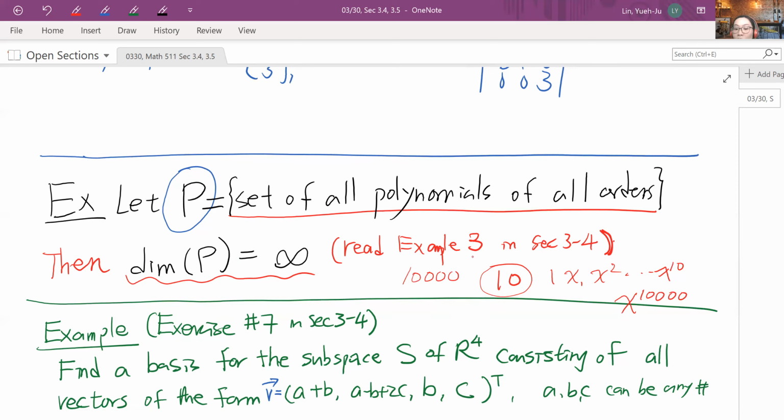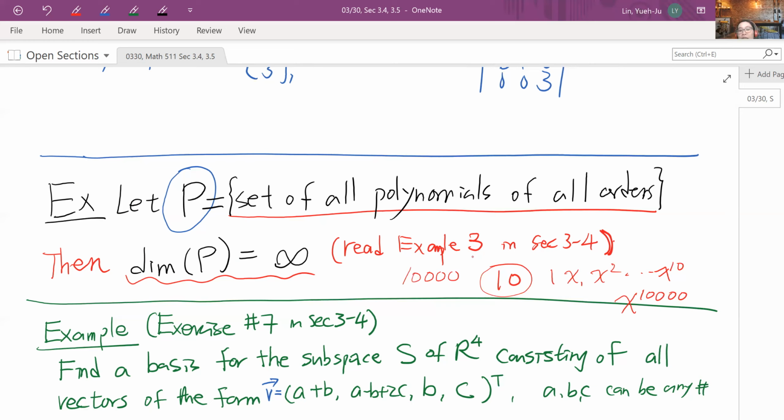So you definitely would not have enough, and you can keep adding polynomials. This basically tells you there's no way you're going to stop at a finite number, because you're collecting all the polynomials of all orders. You would always have to add more vectors to form your basis.